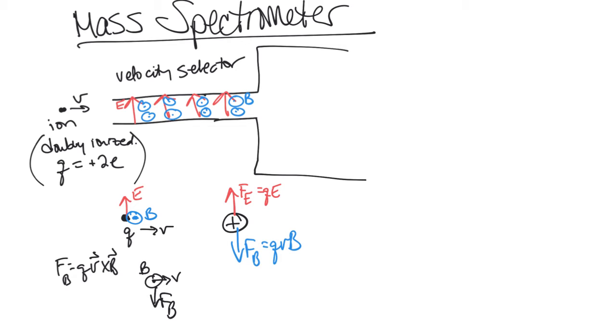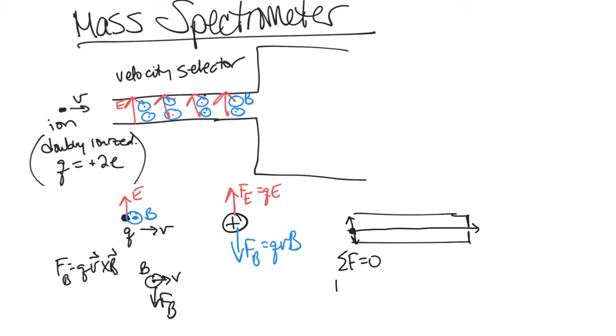So the idea with this velocity selector is that I have a very, very small hole on this side. And we're interested in the ones that are going straight through. If that's the case, then the net force on it has to be 0 if it's going to go straight through, right?